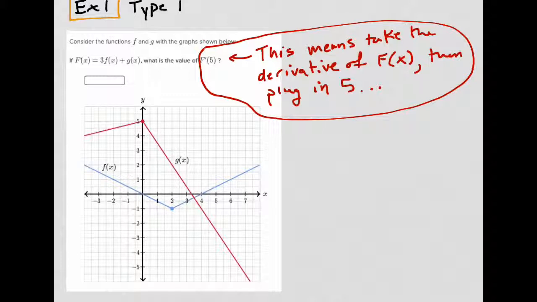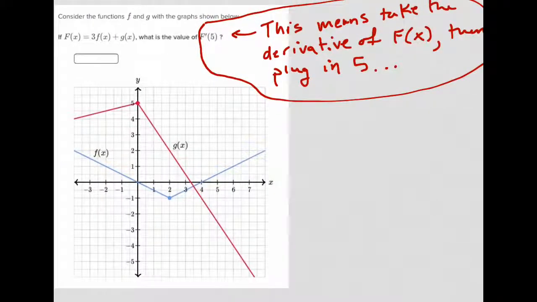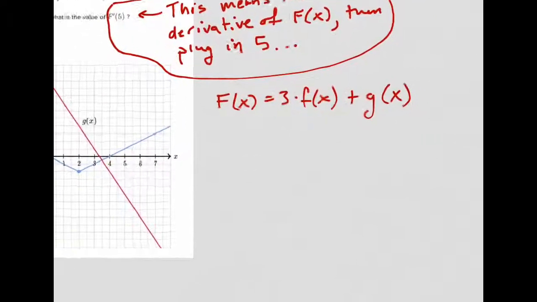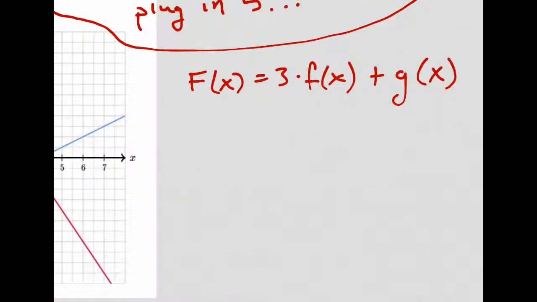So, I think I mentioned once before, you can take the derivative by using that derivative operator. So, write this part down. F of x equals 3 times f of x, lowercase f, plus g of x. And to take the derivative, we can use the derivative operator, d/dx.